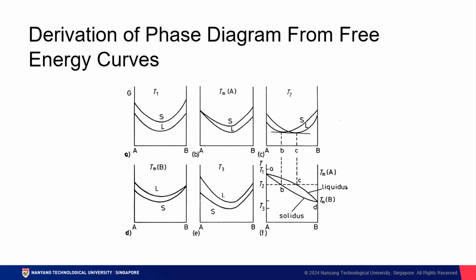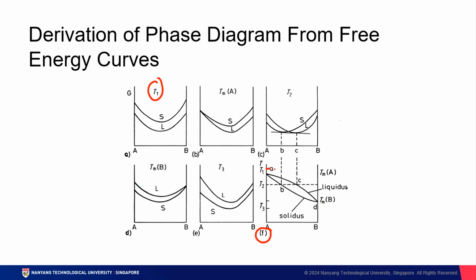So let's see how these free energy curves relate to the phase diagram. Right now, pay attention only to F. This is the complete phase diagram made out of multiple free energy curves. Now I want to show you exactly how T1 relates to the phase diagram.